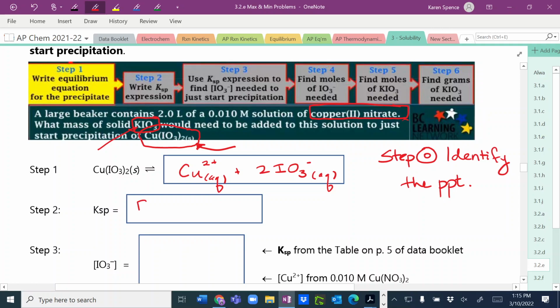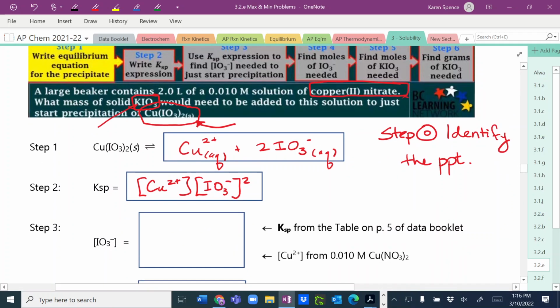KSP, that's pretty straightforward. Cu2 plus, IO3 minus squared. And we solve for IO3. So that's going to equal our KSP divided by the concentration of Cu2 plus.